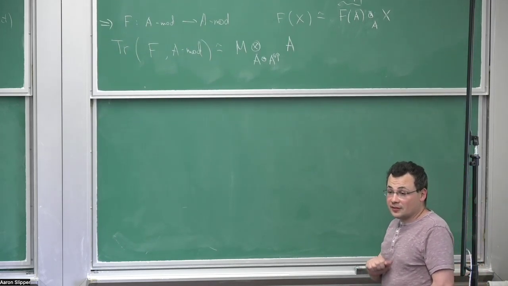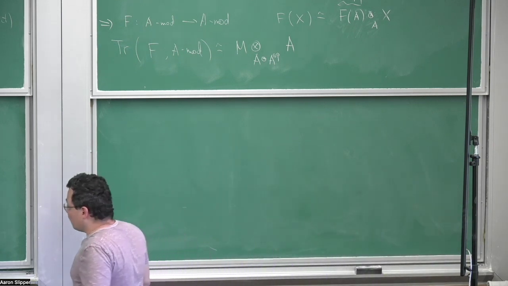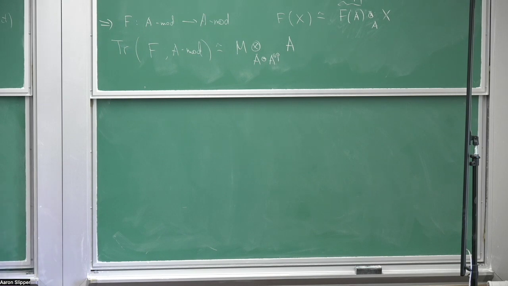Yeah, great. Okay, so the idea is we're going to apply this trace construction to these categories, the left and right hand side, both in the conjecture and, more seriously, in the theorem.